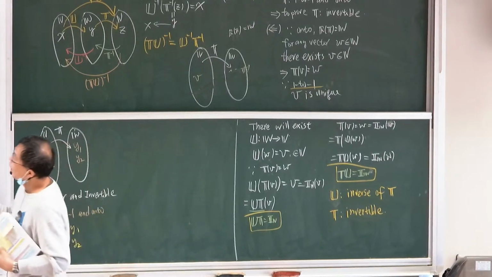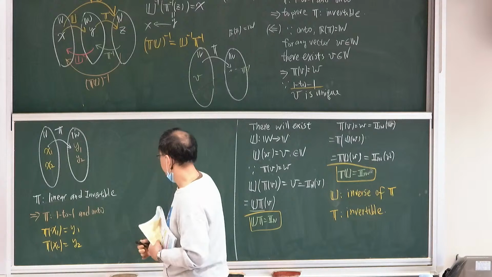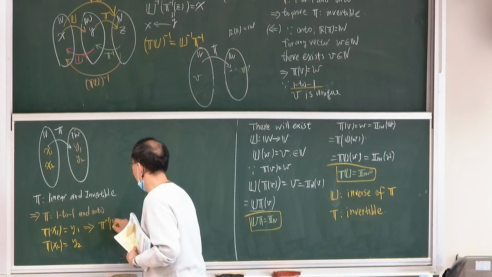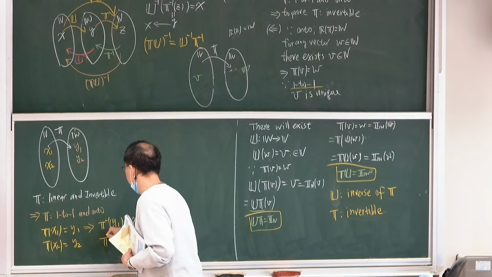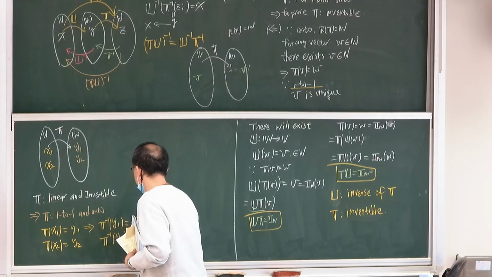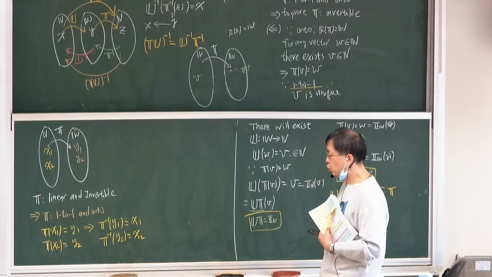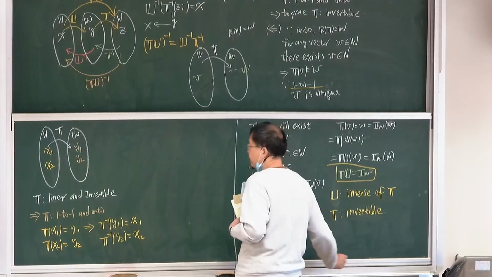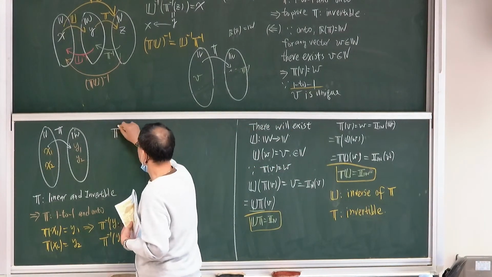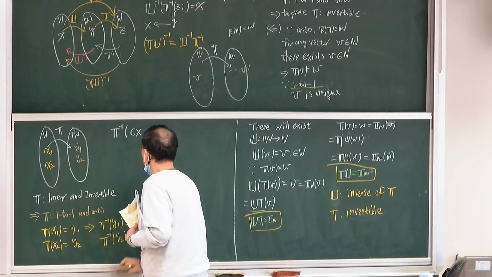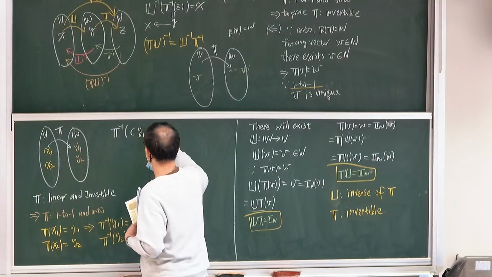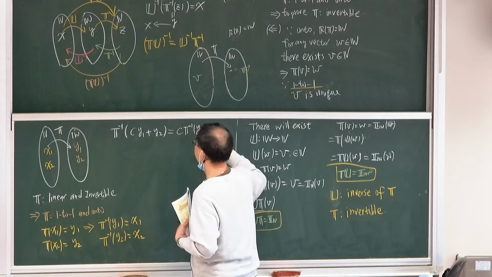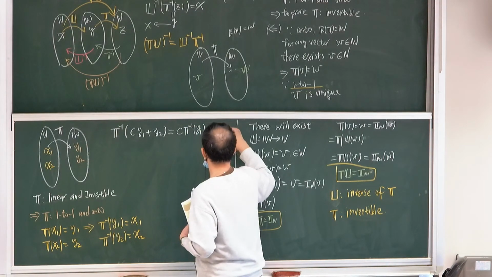So because we have this result, we can say that the inverse transformation of y1 should be equal to x1, and the inverse transformation of y2 should be equal to x2, because they are 1 to 1 and onto. Now, because we want to prove it's linear, we need to prove T inverse of (c y1 plus y2) will be equal to c T inverse of y1 plus T inverse of y2.